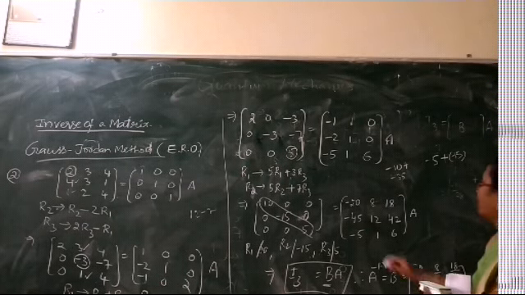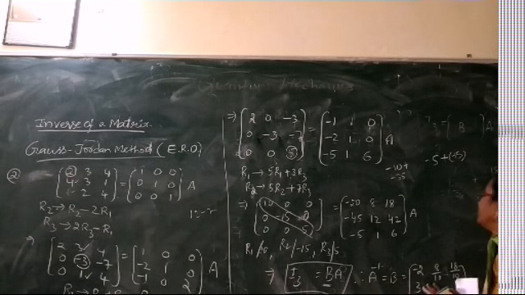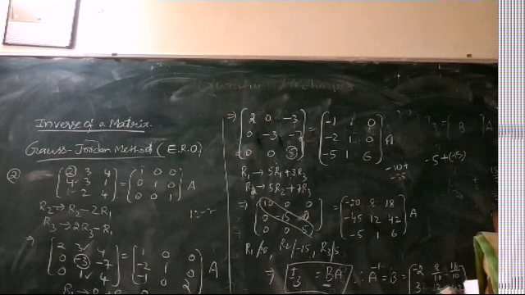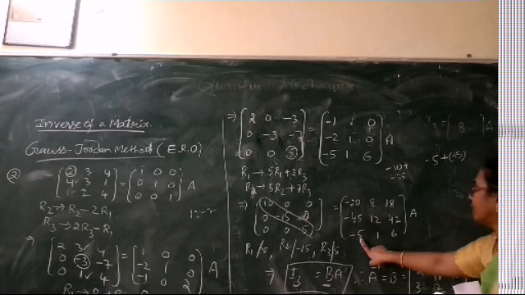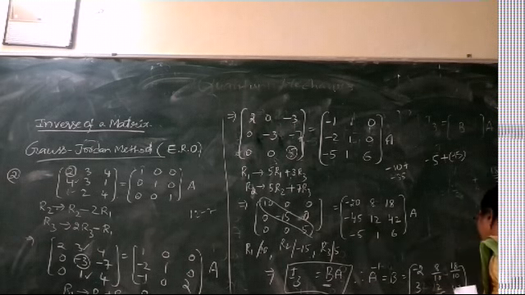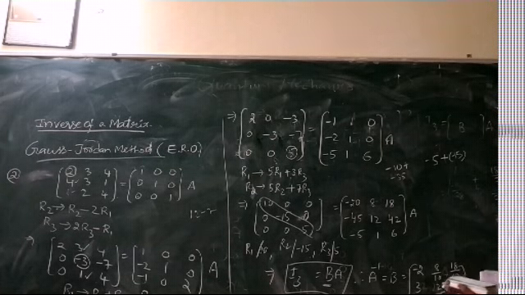Second row, it is minus 45 by minus 15, it is 3. Next it is 12 by minus 15, 42 by minus 15. Third row by 5. So it is minus 1, it is 1 by 5, 6 by 5. And this is our inverse of the given matrix.